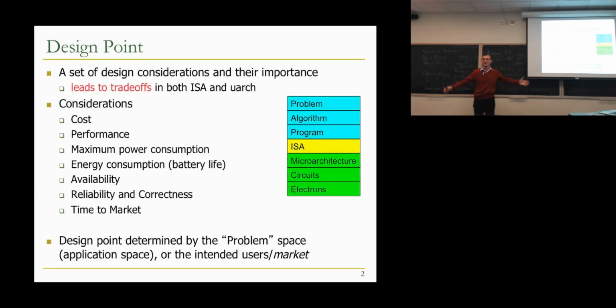If you're designing a general purpose processor like Intel does, pretty much all of these are considerations because you're catering to so many applications that you're trying to find a trade-off that works well for the average application, if you will. It's a tough thing to do because your processor should work for the mobile phone really well, and your processor should work for the server really well too, right?